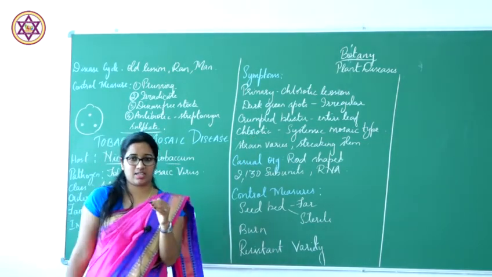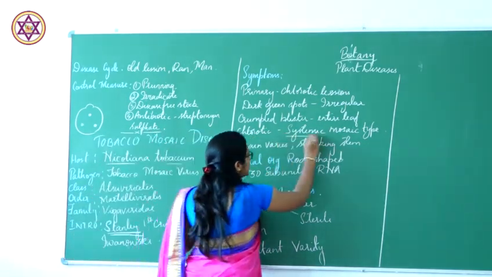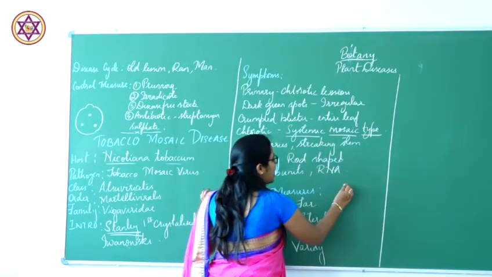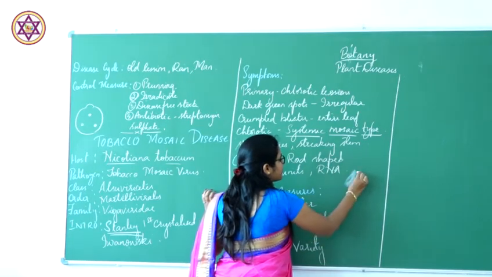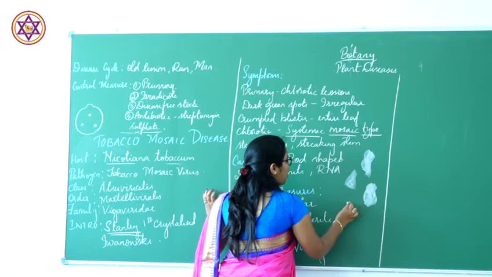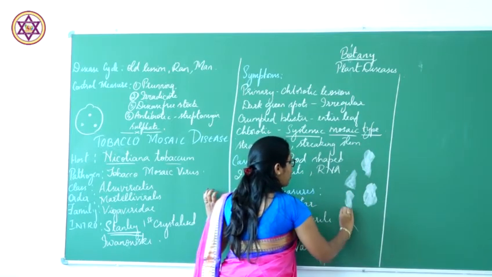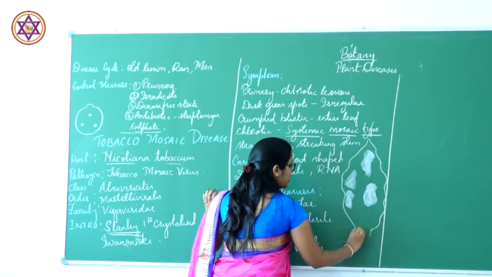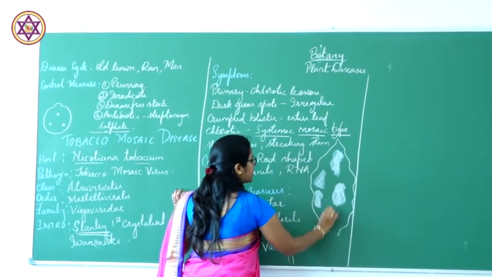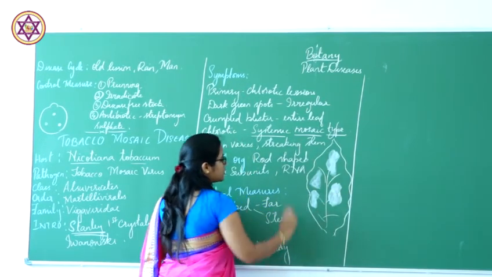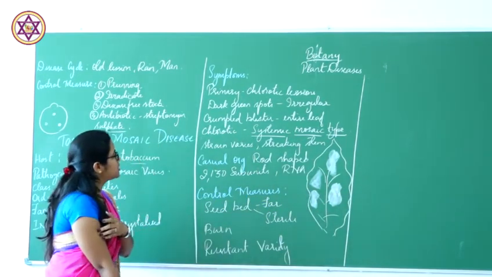They show a systemic mosaic type. Okay, so the patches are mosaic types. You can find those patches on the leaf of tobacco, which shows curliness at the leaf margin. Okay, you have mid veins. That's how you can see the symptoms.